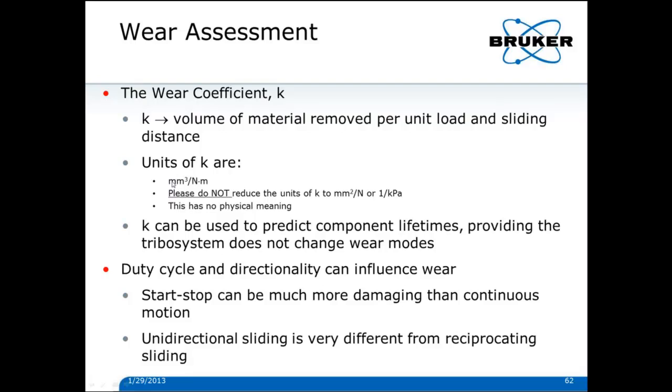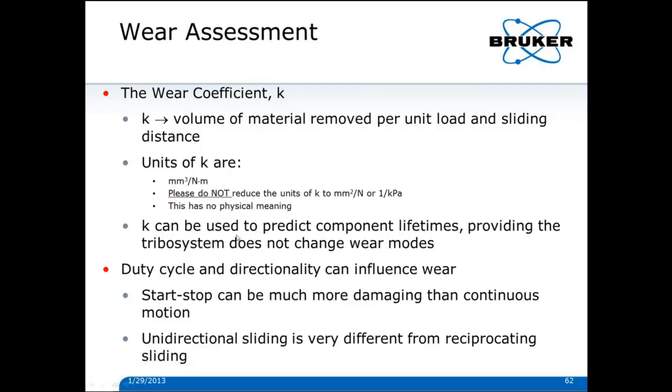So we remove so many cubic millimeters of material after sliding under a load of X newtons for a distance of N meters. And I often see people reduce this, because I've got length here and length here, to millimeters squared per newton or 1 over kilopascals. But please don't do that. It has no physical meaning. This does. I know how much was removed, how far I slid, and what the load was.